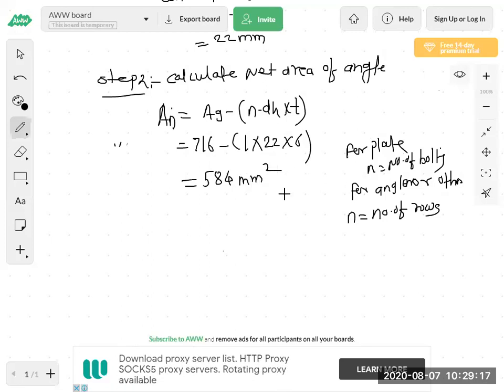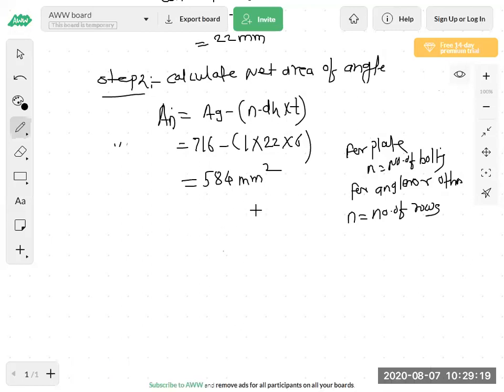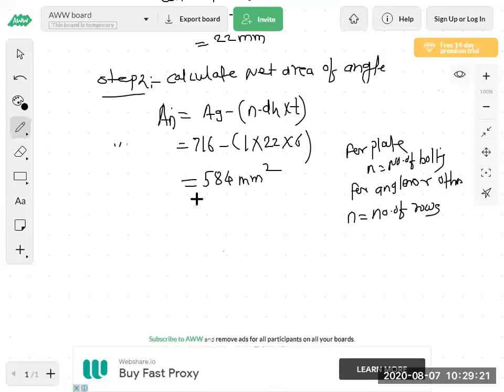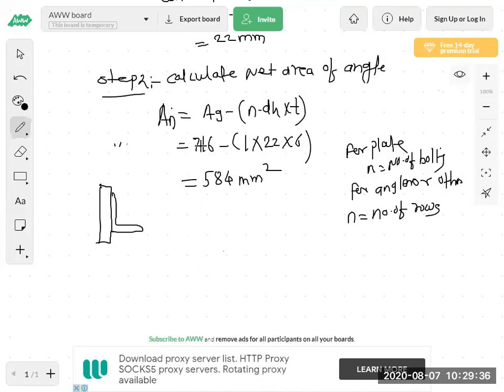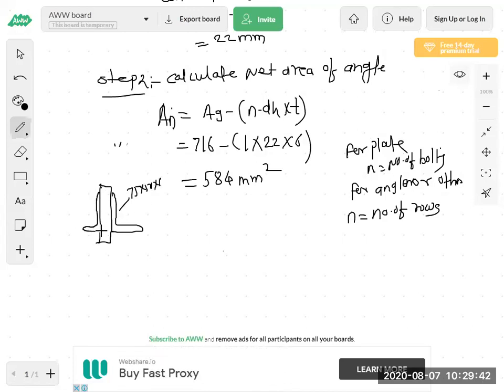Okay, but please everyone concentrate here on the screen. 584 mm square is the area, but this is the area for one angle only. The gross area is 716 for this angle, 75 by 50 by 6. But one more angle we have used here.